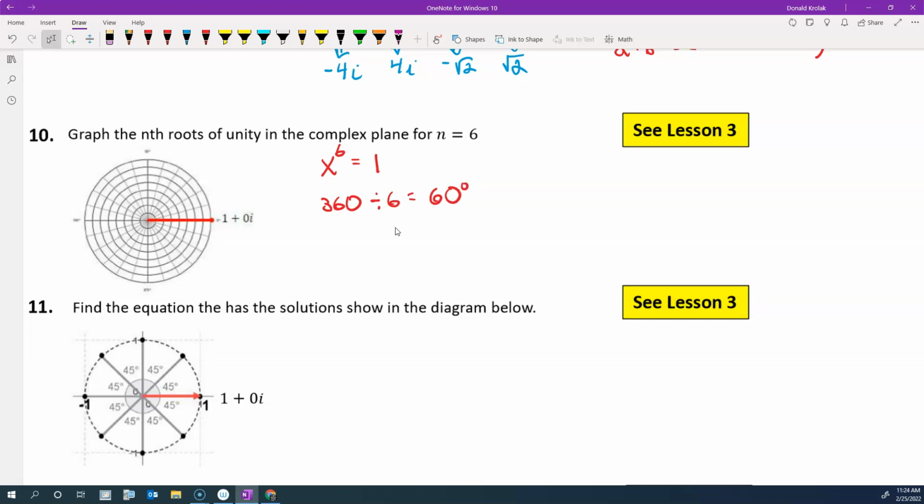So 60 degrees, then 120. Then I add another 60, 180. And then another 60, 240. And another 60, 300. And then I'm back to the beginning. So there's my 6 roots.